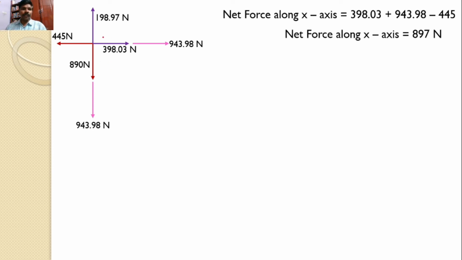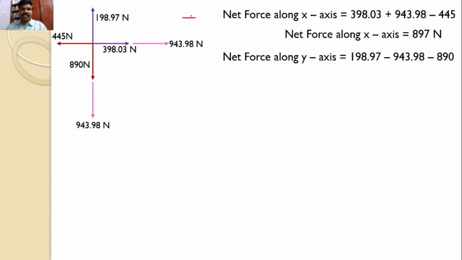Similarly, the net component of the force along the y-axis: 890 newtons downwards, 943.98 downwards, but 198.97 is upwards. Hence, the net force along the y-axis is equal to 198.97 minus 943.98 minus 890.